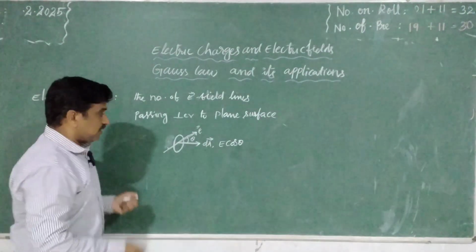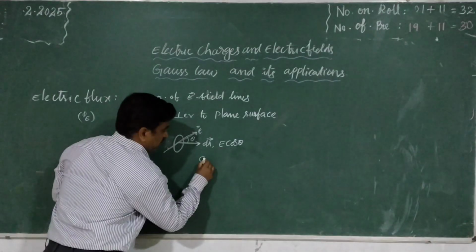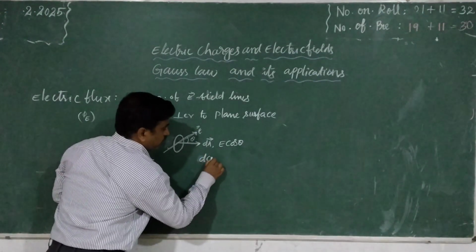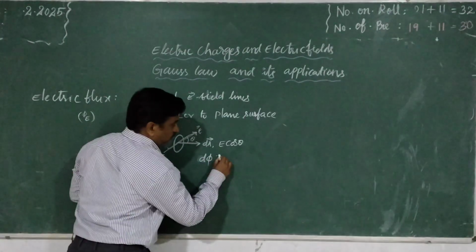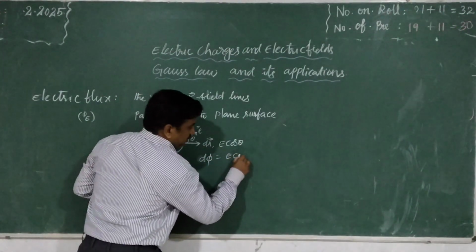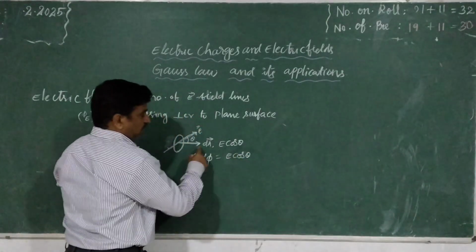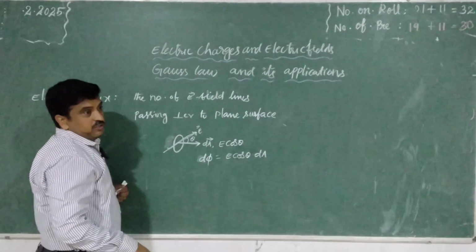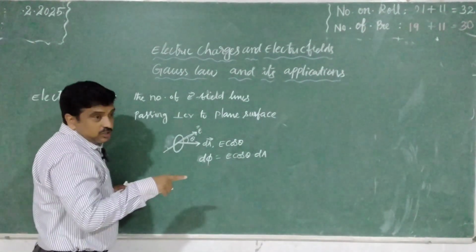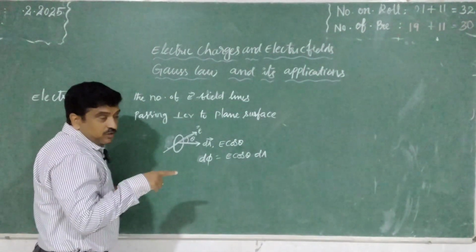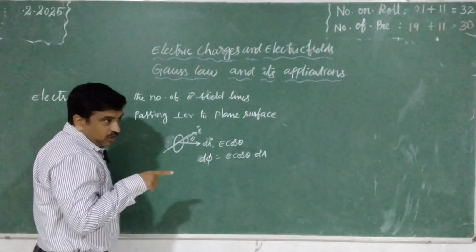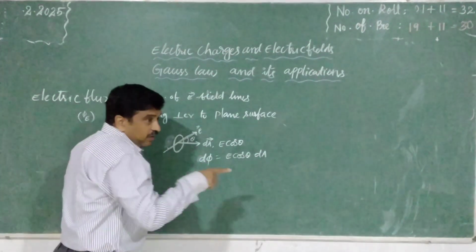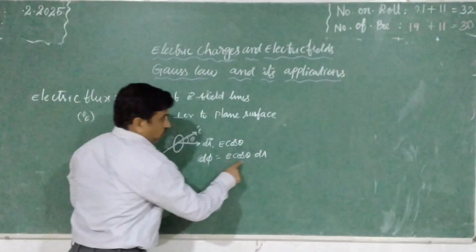So for a small area, the small flux equals electric field into dA. The electric field lines along the area vector, that we take here. So E cos theta dA.